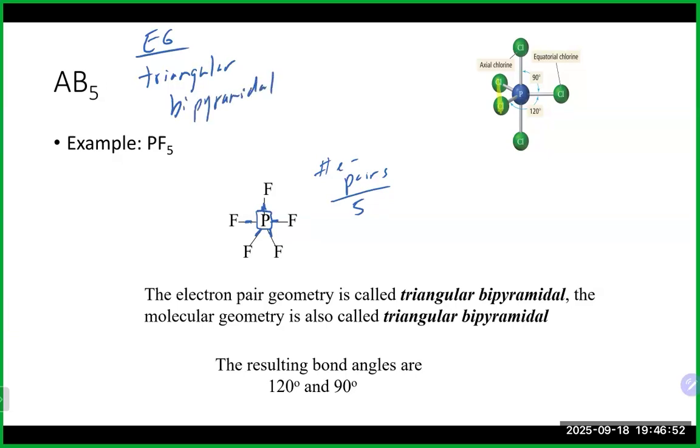Once again, in terms of the number of bonds, it has 1, 2, 3, 4, 5 bonds. So our molecular geometry is also triangular bipyramidal. Once again, they are the same, as these are all bonding electrons. As we talked about previously, as the bonding electrons move, so do the atoms.